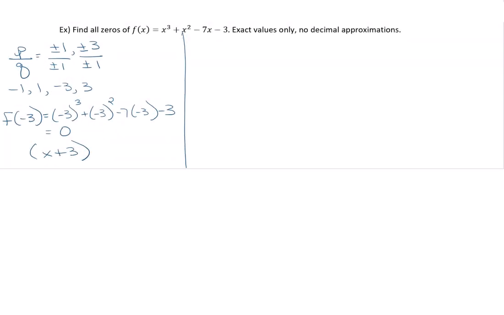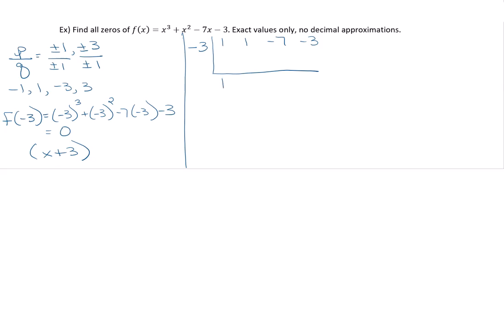If we have x plus 3 as a factor, we can do either long division or synthetic division to reduce our function and find out what that other factor is. So we're going to divide by -3. I'm going to use synthetic division since it's in that nice format. Using our coefficients from the original function, we have 1, 1, -7, and -3.